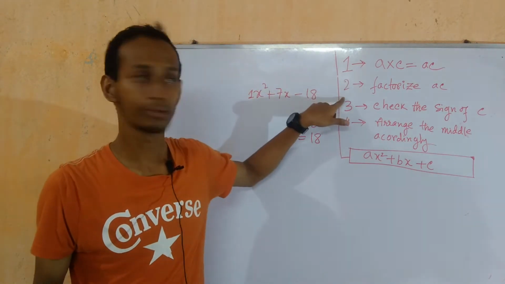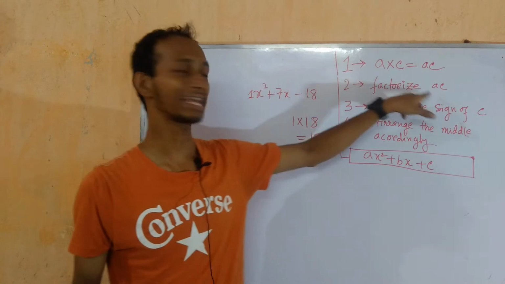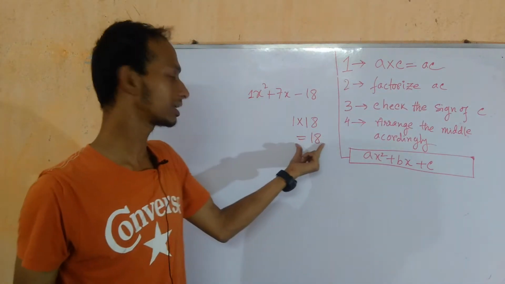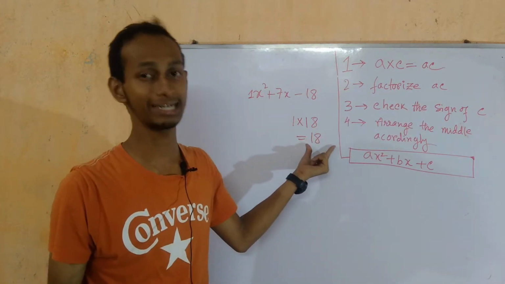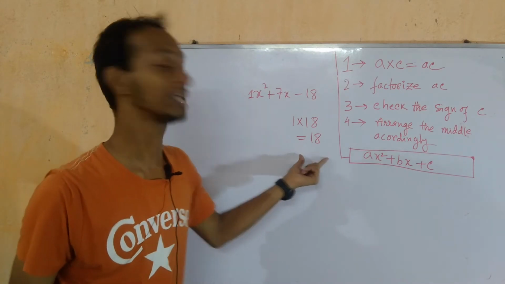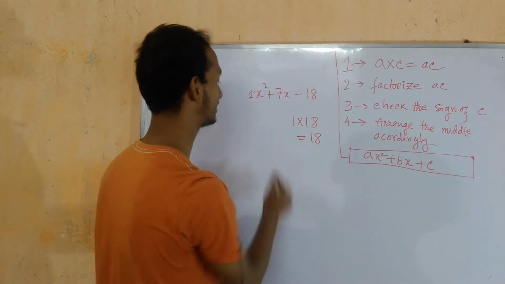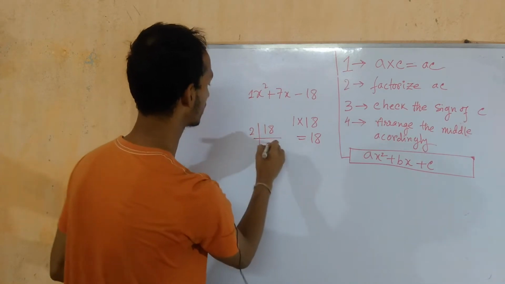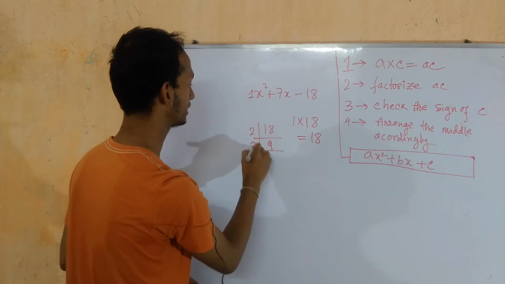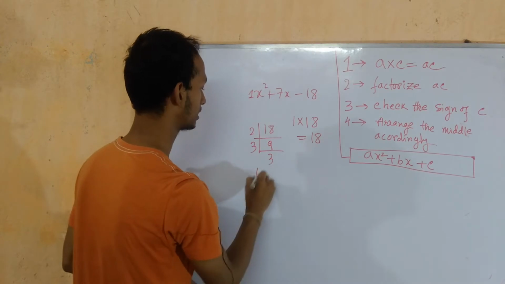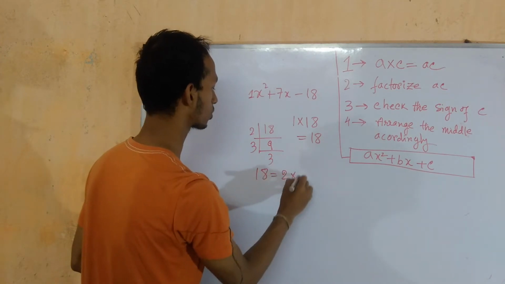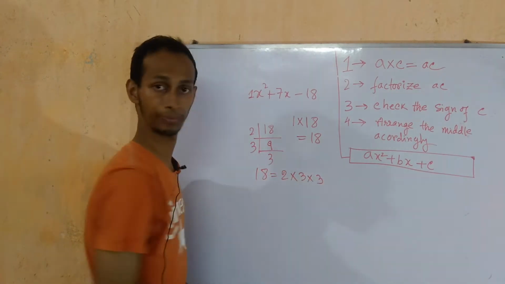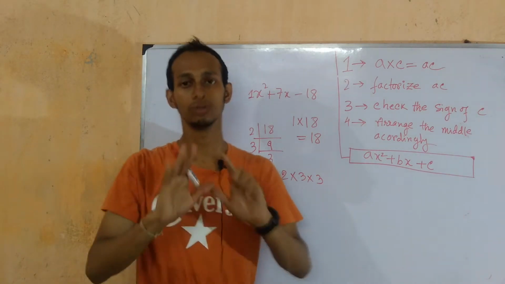Then the next step: factorize ac. After multiplying a and c, we got 18. So now we will factorize 18. If we factorize 18, we get 2 nines are 18, 3 3s. That means 18 equals 2 times 3 times 3. Up to this, no problem.